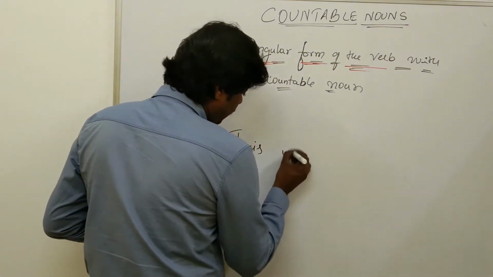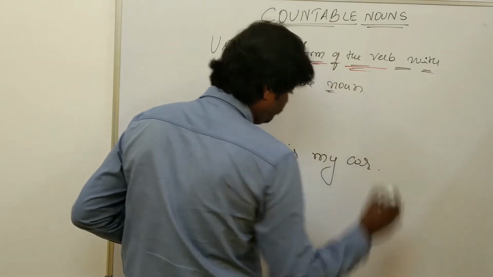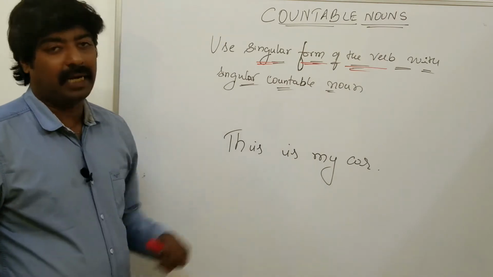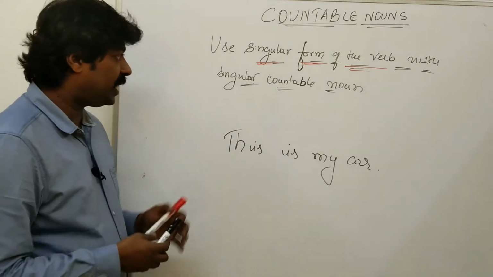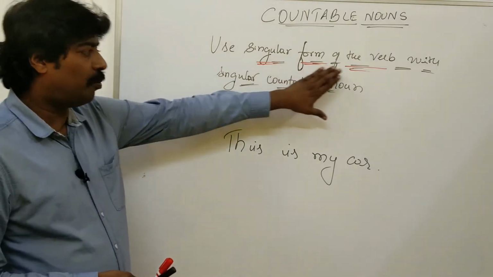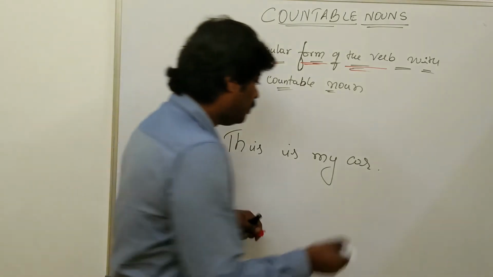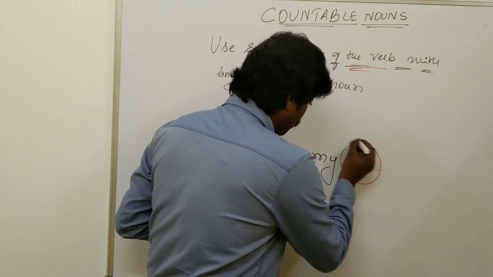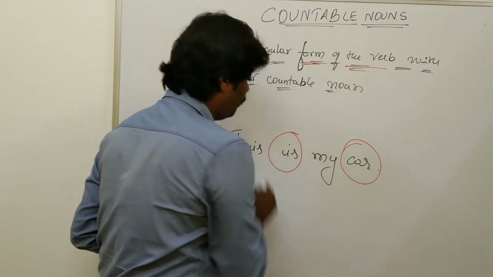This is my car. So the rule says use singular form of the verb with singular countable noun. So we have a singular countable noun, so we must use the singular form of the verb.